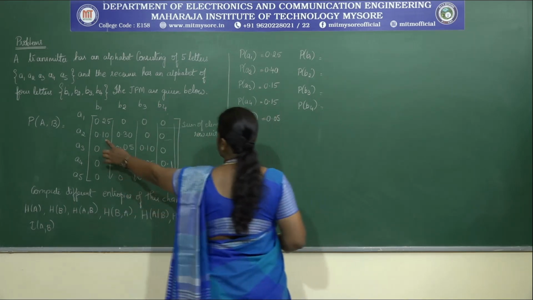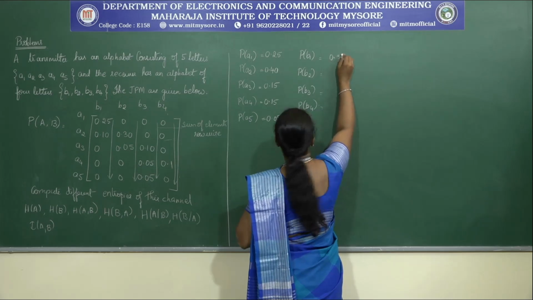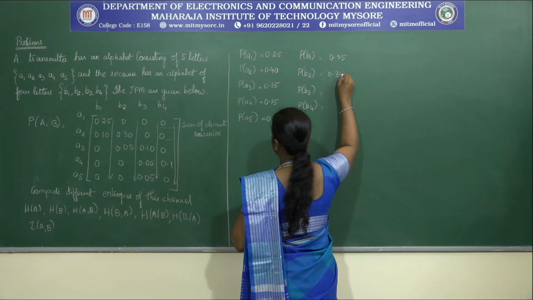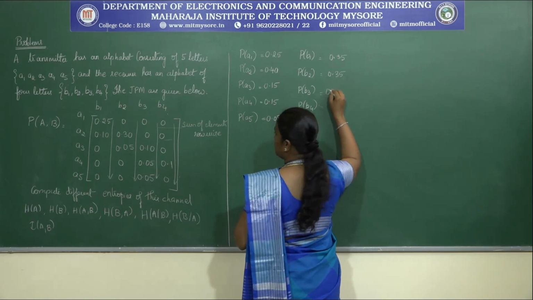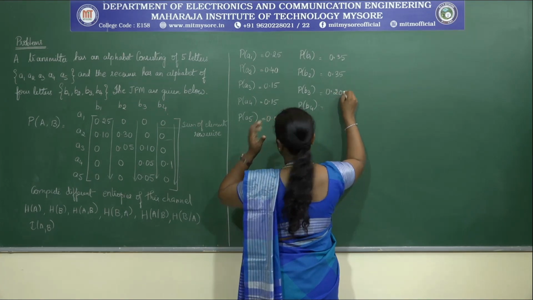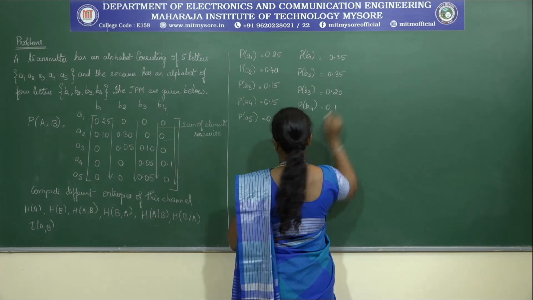So this will be 0.35, and this will be again 0.35, and this will be 0.20, and this is equal to 0.1.